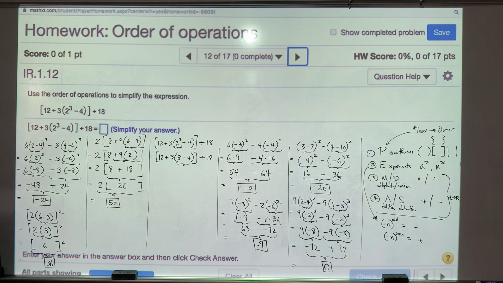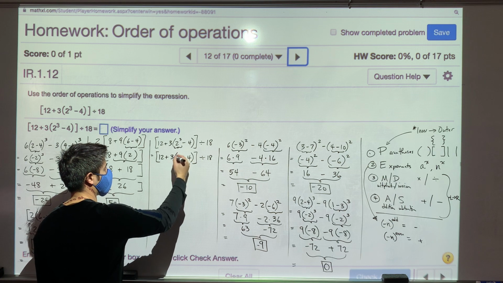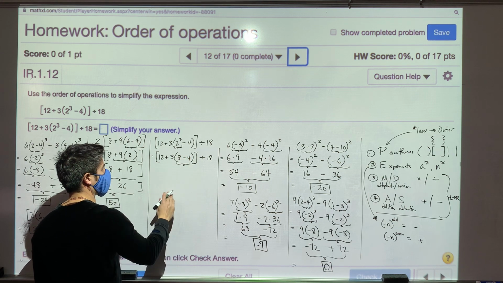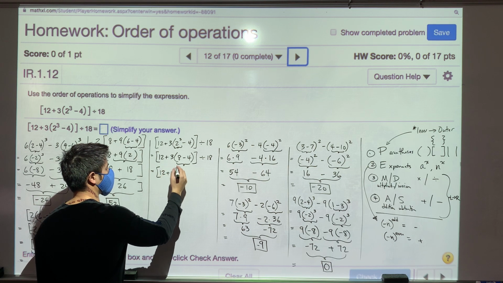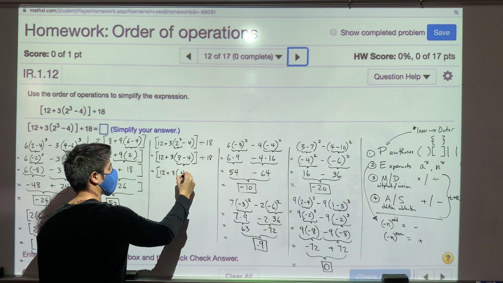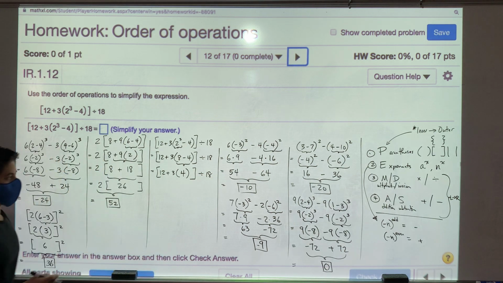But now I still have to finish out the operations within the innermost parentheses. So 12 plus 3 times what's 8 minus 4? 4. And now that innermost parentheses is done.